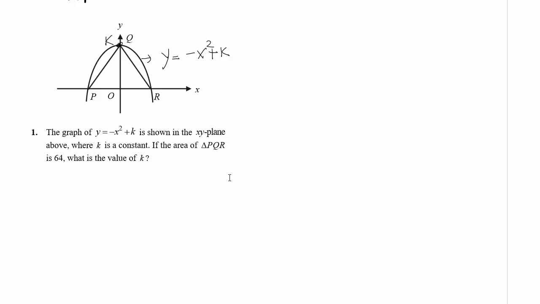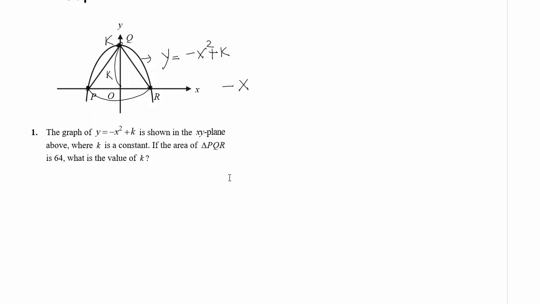Okay, we're gonna find the right connection between the number 64 and the k, right? So what is the area of this triangle in terms of k? So okay, we're gonna find the length of this one, because the height is k, isn't it? The height is k. So can you find these two intersections? X-intercepts. Okay, y is 0, okay?